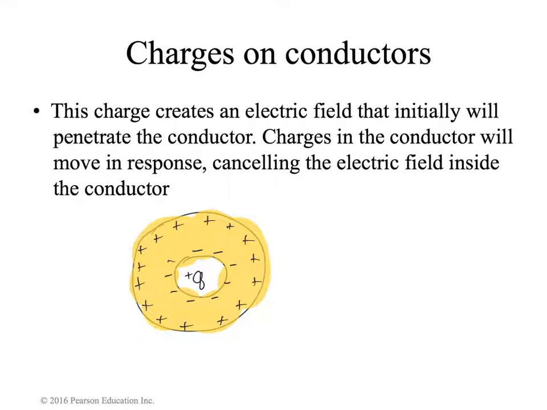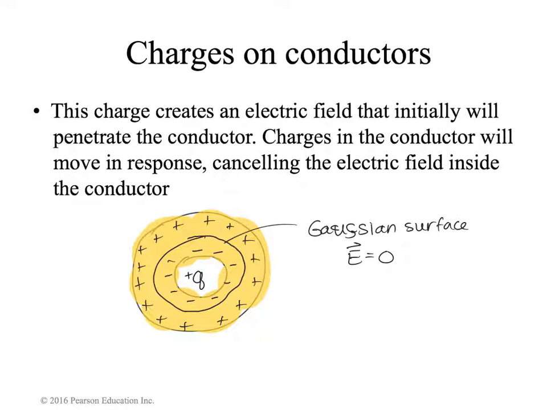Now, we know that somewhere around here, if we took a Gaussian surface, it would tell us that the electric field was equal to 0 because we're inside a conductor, which means the Q enclosed has to be equal to 0.